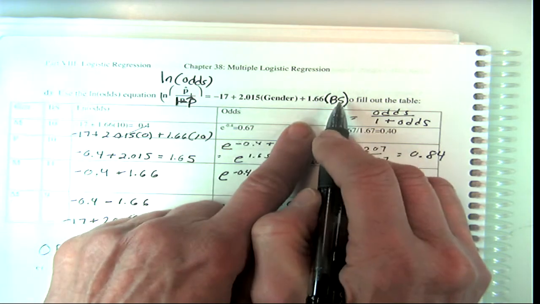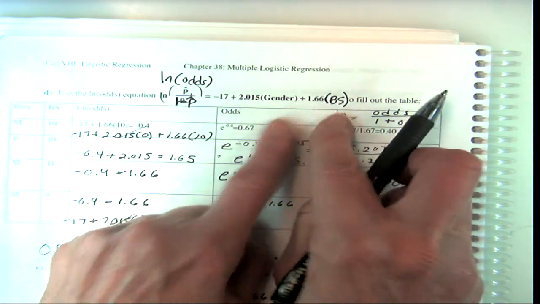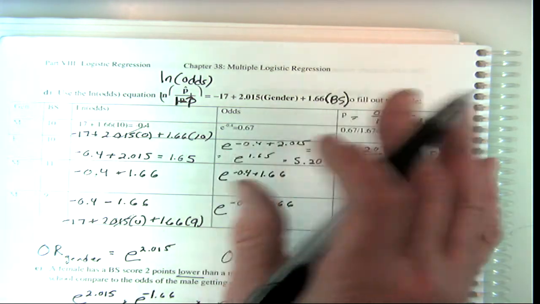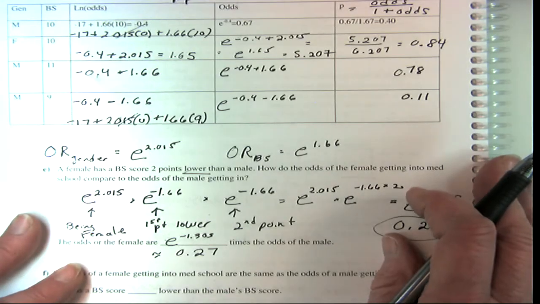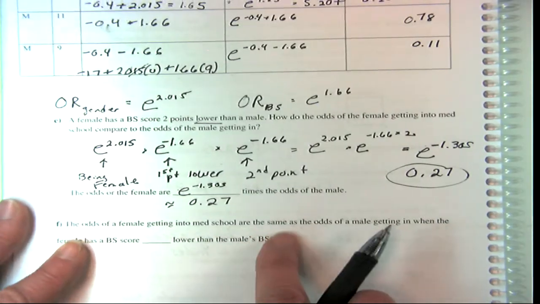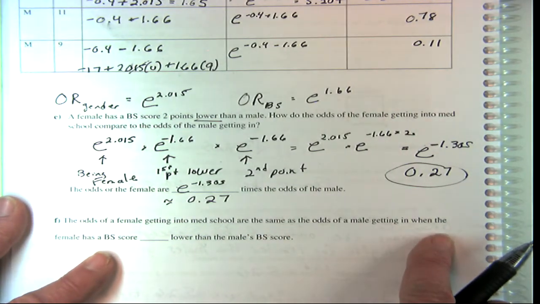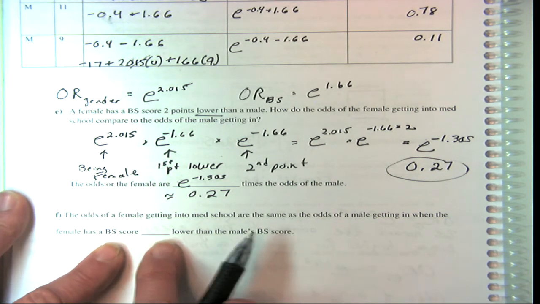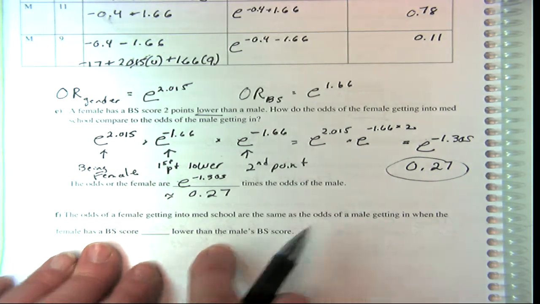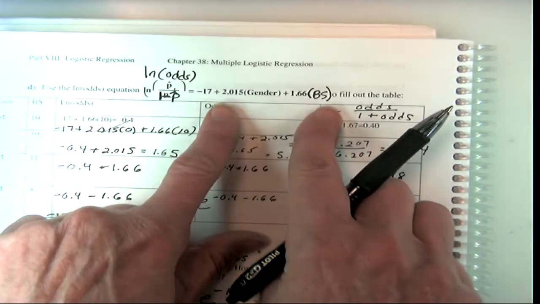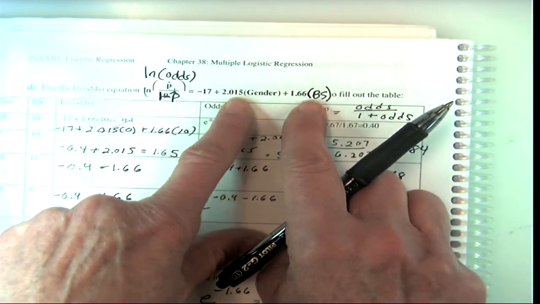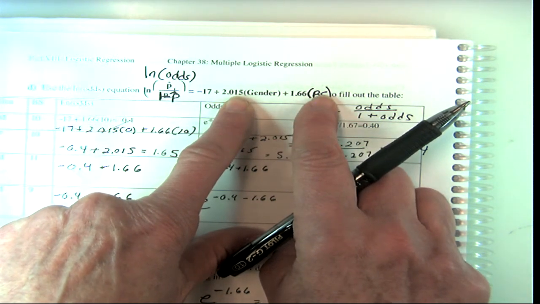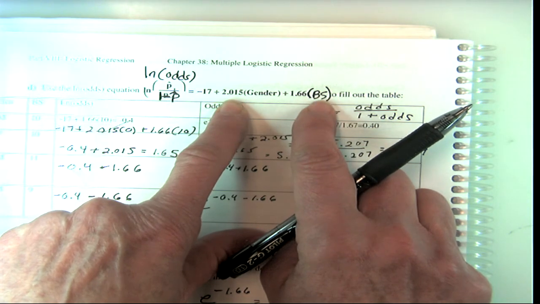When a male has a biological science score somewhere between 1 and 2 times the female's. So the odds of a female getting to medical school are the same as the odds of a male getting in when the female has a biological science score how much lower? Can you just see it from when those were going to be equal? Like 2.015 is equal to 1.66 times what? It would just be 2.015 divided by 1.66.